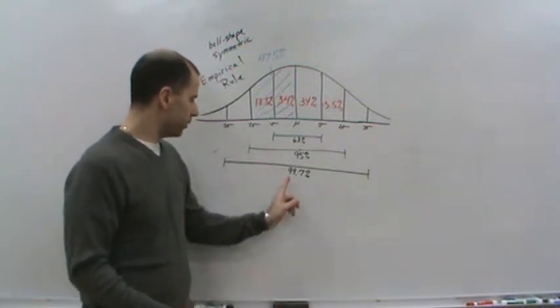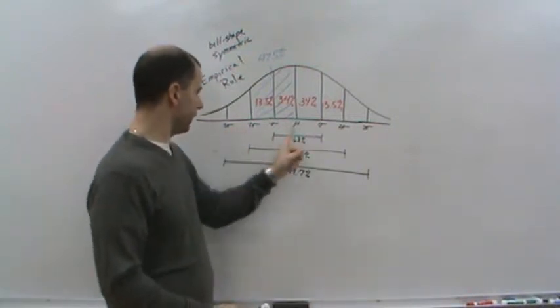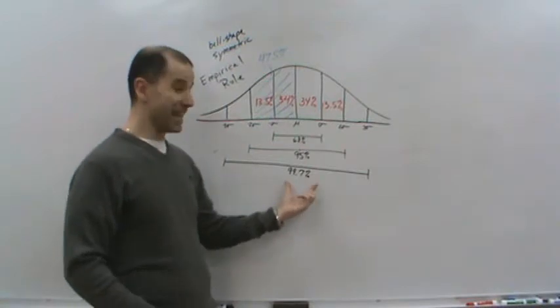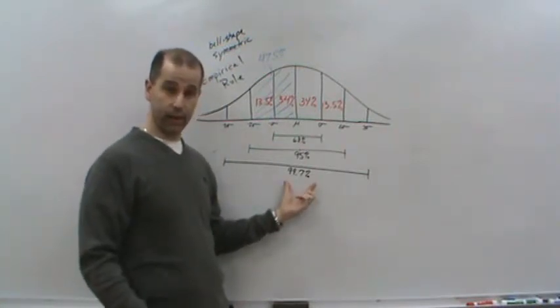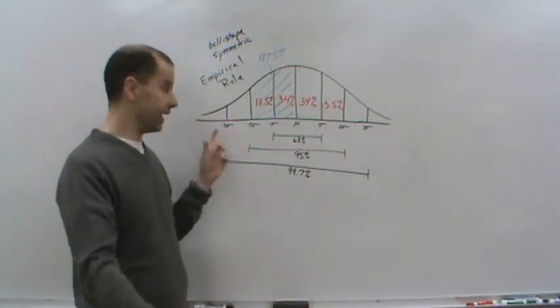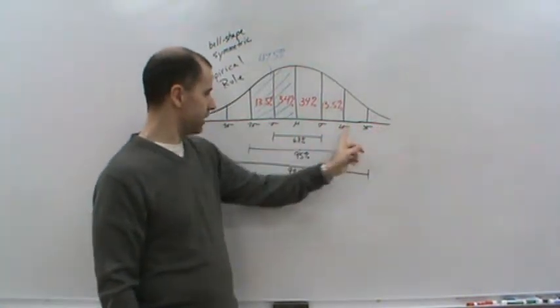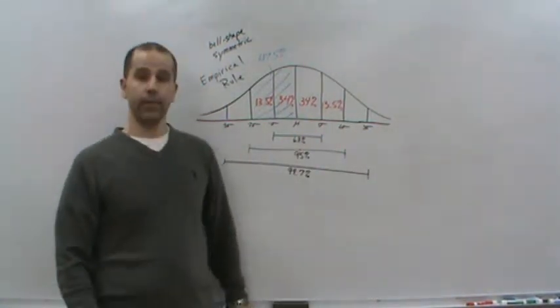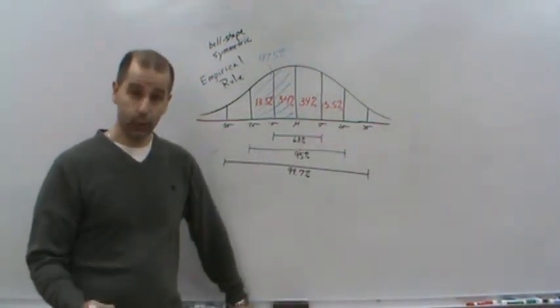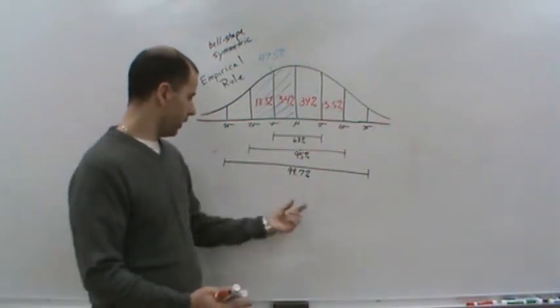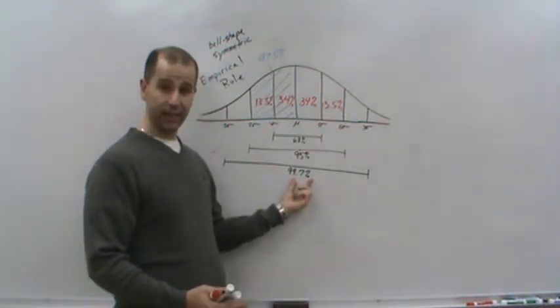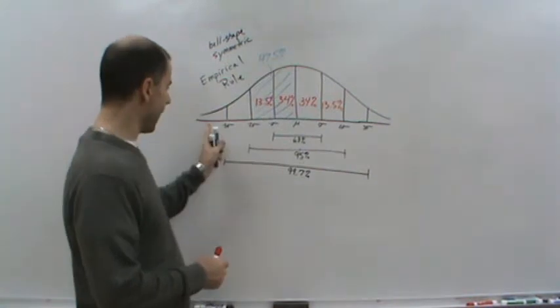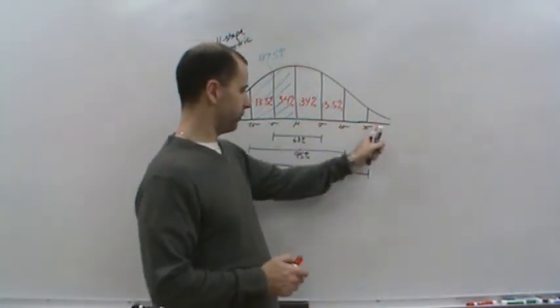So if within 3 standard deviations is 99.7% of the data, what falls outside of that in the tails, in this piece and this piece here? Well, that's 0.3. So if 0.3 is left over, half goes here and half goes here.